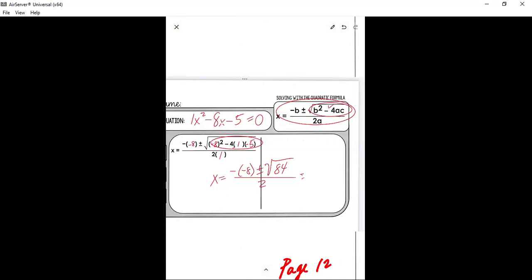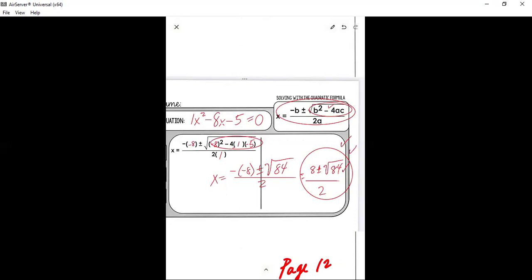A negative times a negative is a positive 8, plus or minus the square root of 84, over 2. That is an exact answer. We left it in the form of a fraction. Plus or minus gives us both of the roots. We know what this b squared minus 4ac part is: that's 84. We're done. This would get you 2 points, leaving it in this form.